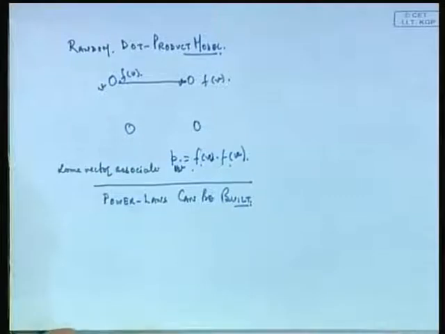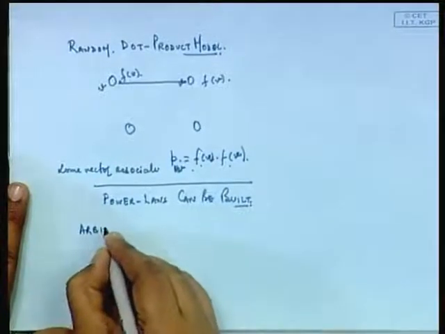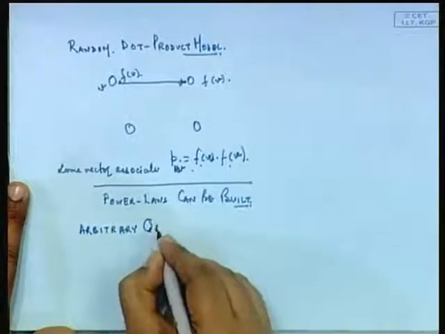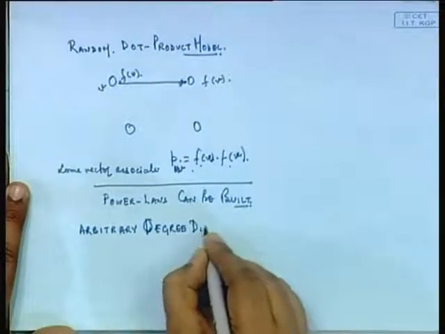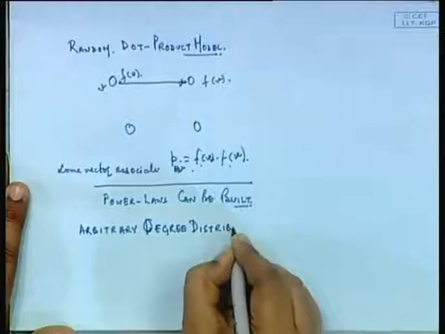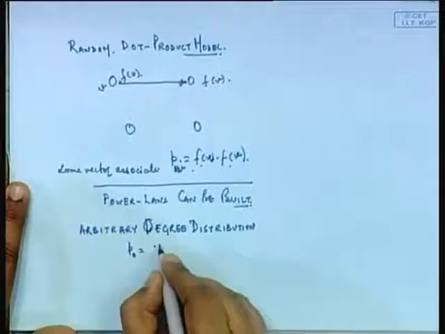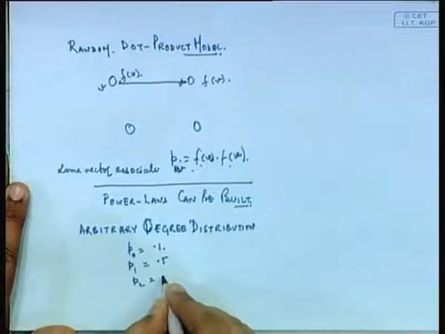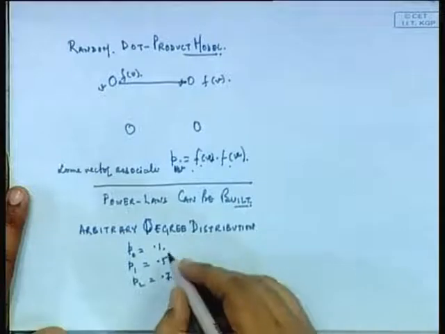Now, the last one which we say is arbitrary degree distribution. So, what is arbitrary degree distribution? It means you are just given a distribution, say p1 will be 0.1, p2 will be 0.2, p3 will be 0.7; it should sum to 1.